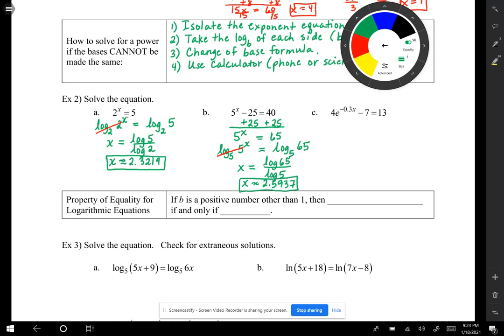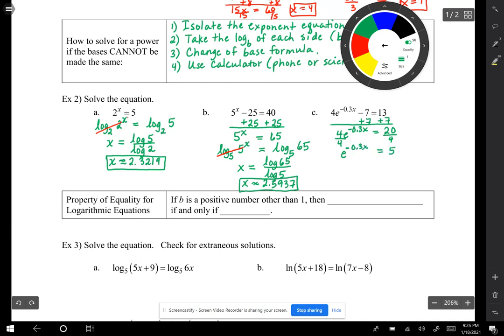Okay, and the last one has a base e involved. So the first thing you want to do is add 7 to both sides, move the constant over. So you have 4e to the negative 0.3x equals 20. Then divide both sides by 4. e to the negative 0.3x equals 5.